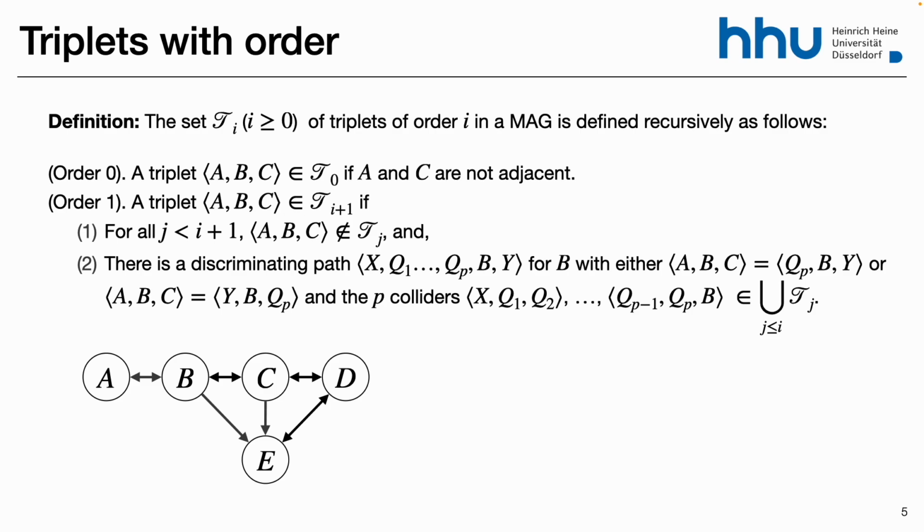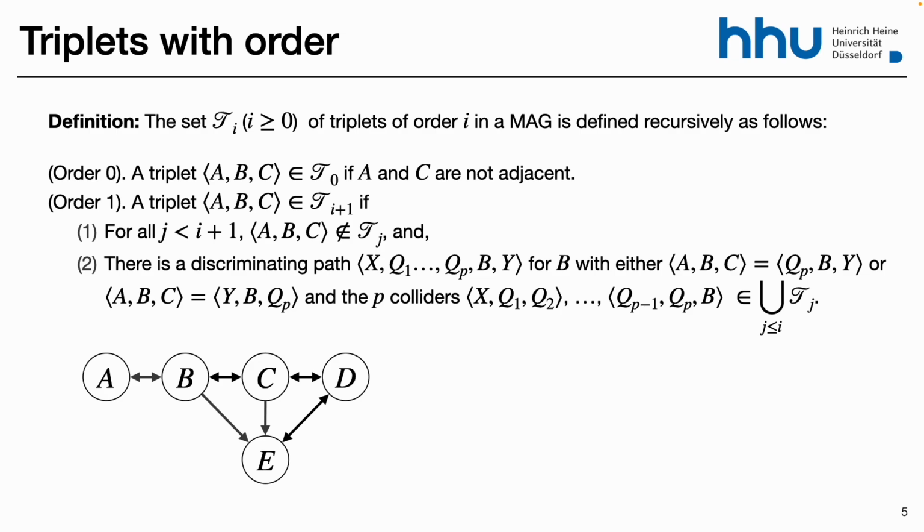ABE is a non-collider, so it's going to be a triplet with a non-collider of order 0. ABC, ABD, BCD also, there are many. So basically, anything that's unshielded, the variable in the middle is going to have order 0. It could be a collider of order 0 or a non-collider of order 0, but it has order 0.